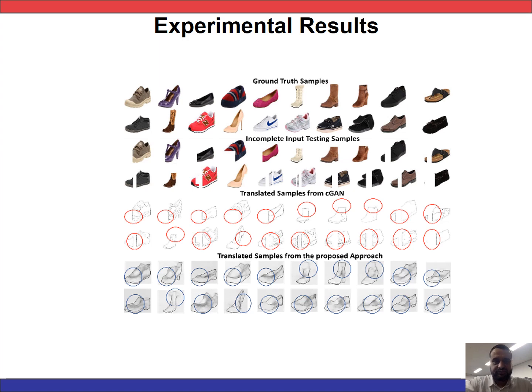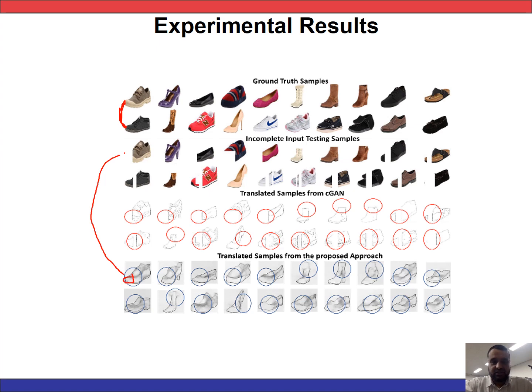So suppose these are the real images, these two are the ground truth samples. What we did, we just removed some parts of these input images, like we cut this shoe from here, this is in the middle, from here, this from the top, and we provide this to our network, and our network can generate the full image, even though this part was missing in the input image, but it is generated here.